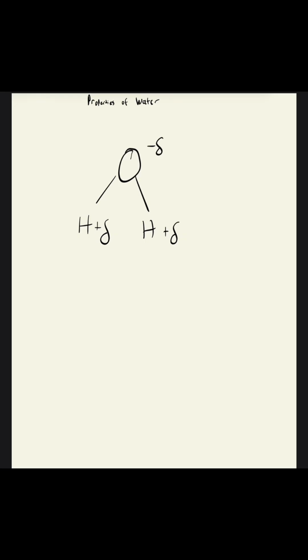Because water is polar, the partially positive hydrogen of one molecule is attracted to the partially negative oxygen of a neighboring molecule. This attraction is a hydrogen bond. So we will have another water molecule over here, where the partially positive side of the hydrogen is attracted to the partially negative side of the oxygen.